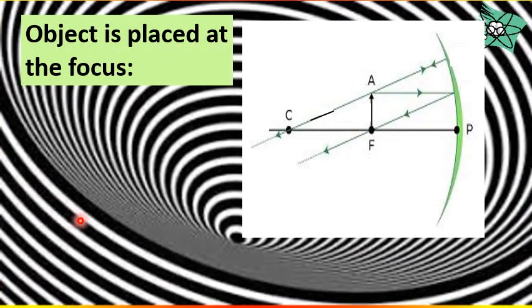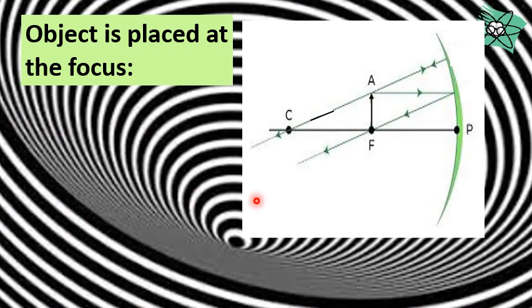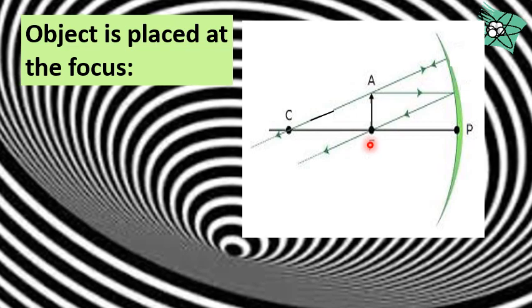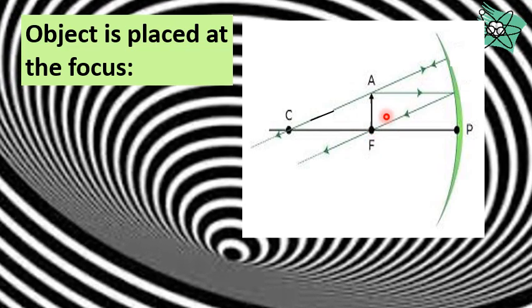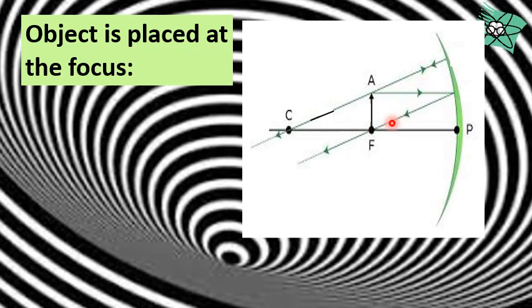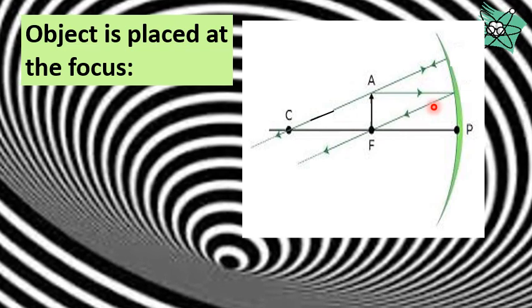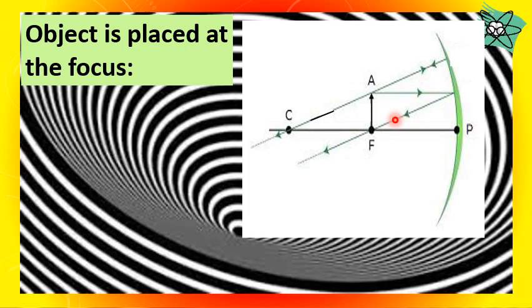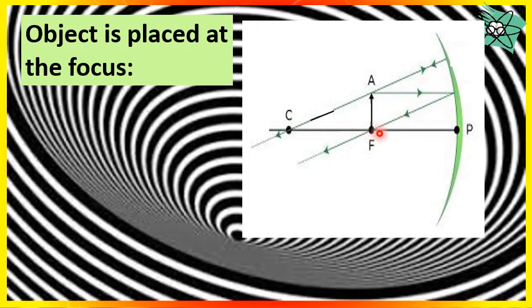All right, so to explain why the object must be placed exactly at the focus so that the reflected rays are parallel and they do not intersect.